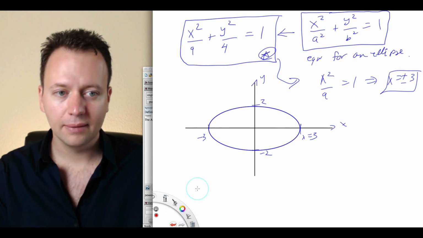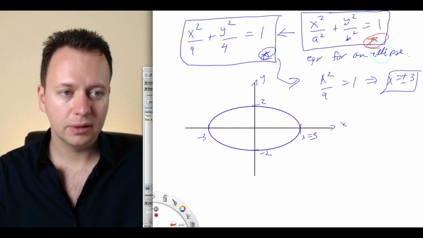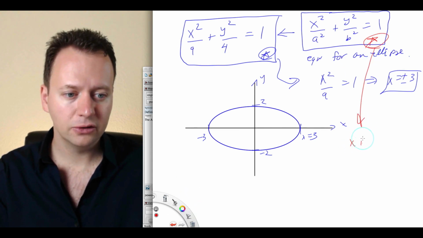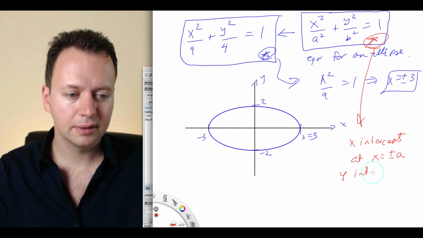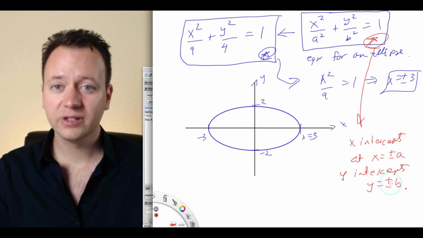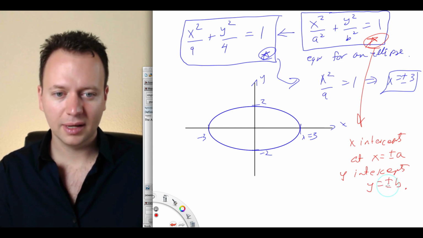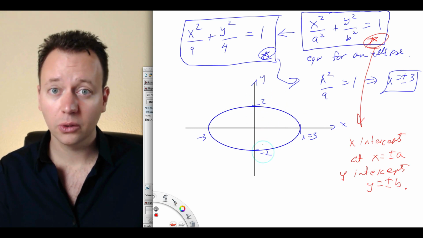More generally, with this equation up here, the x-intercepts are at x is equal to plus or minus a. And the y-intercepts are at y is equal to plus or minus b. So for the y-intercept, we set x equal to 0 because x equals 0 corresponds to the y-axis.